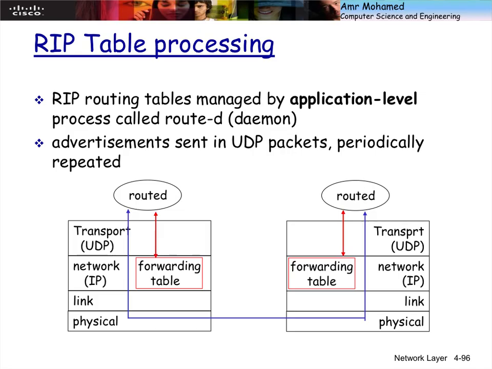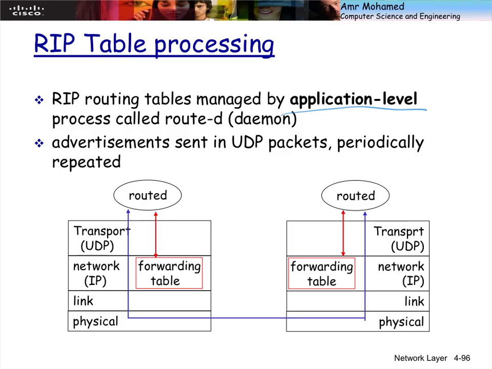So here, RIP routing tables are managed at the application level. The interesting thing here is that route updates, or route advertisements, are control messages. They are sent from routers, right? So these messages, like any other messages, like data messages, have to use a protocol. They have to use a protocol data unit, which means they have to use a protocol header, right?